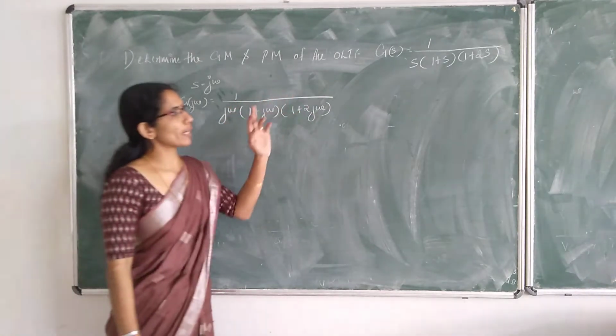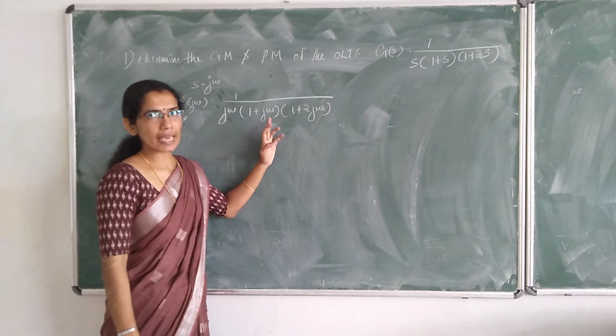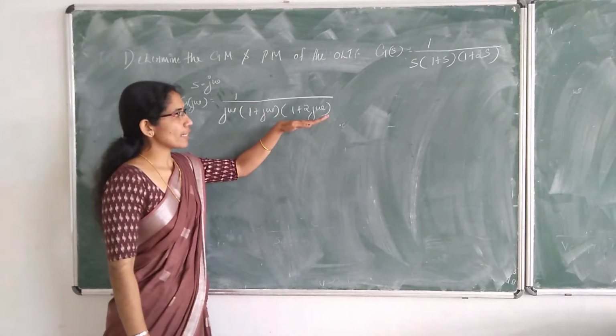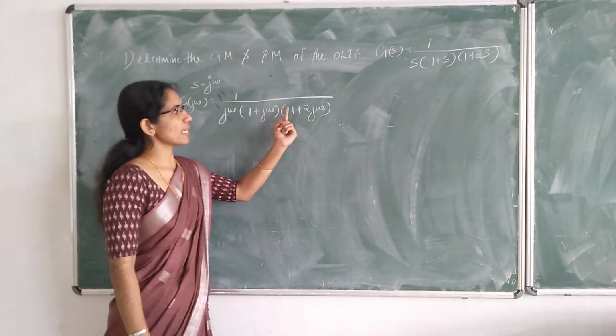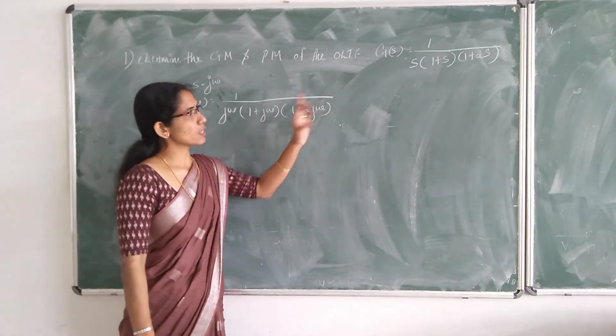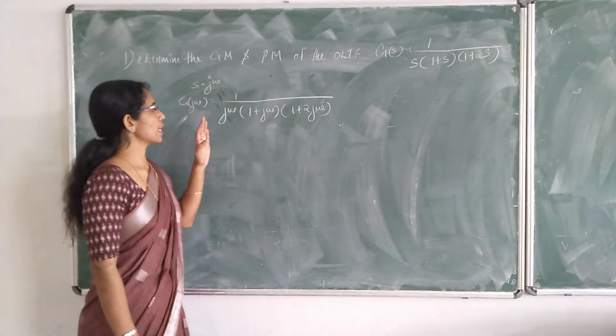Here the first order term is in the form 1 + sT. Always the first order term must be in the form 1 + sT. Here also it is 1 + sT, and here also. So we substitute s equal to j omega.